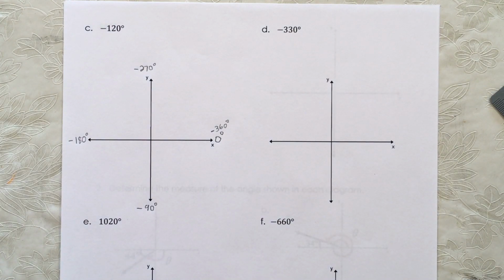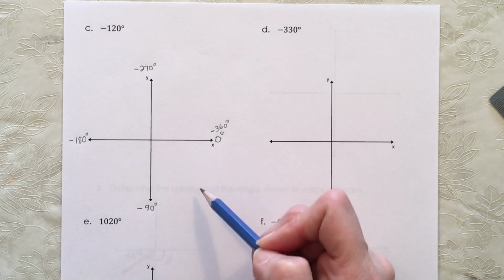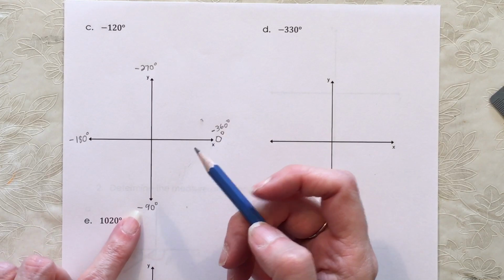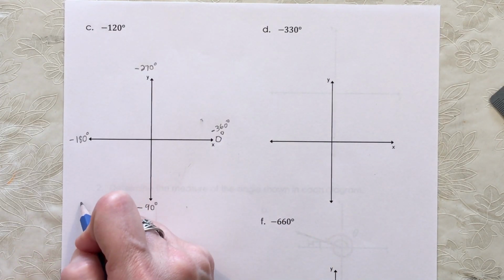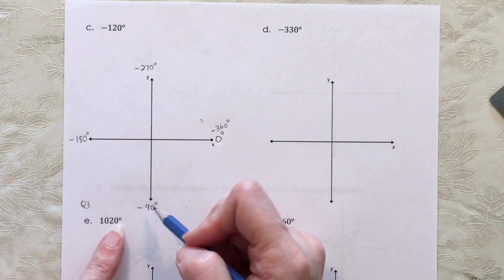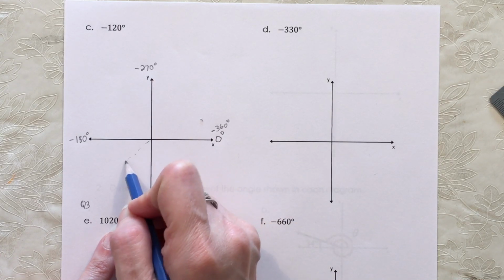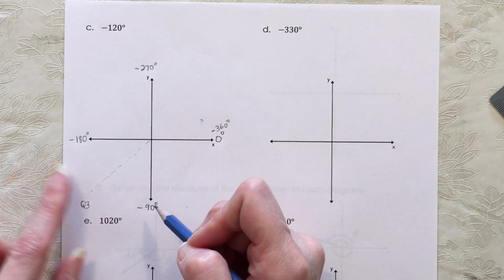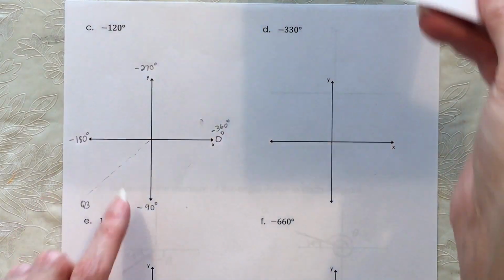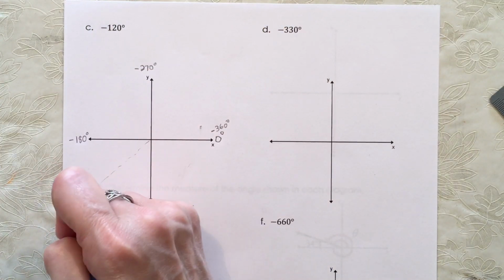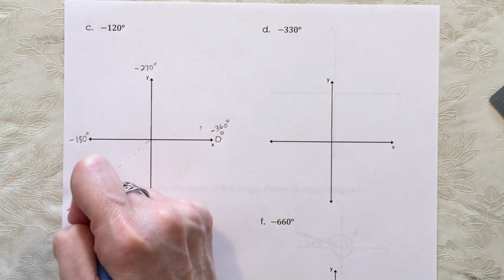Okay, so where would negative 120 degrees fit? Well, it's not going to be in quadrant 4, which is down here, but it is going to be in quadrant 3. If you want to think about our benchmark, this would be like negative 135 degrees.